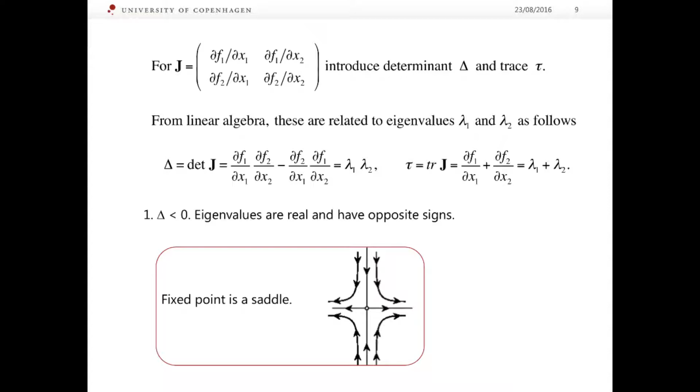A stable manifold has arrows which go towards the fixed point in this picture, and the unstable manifold has arrows which go away from the fixed point.